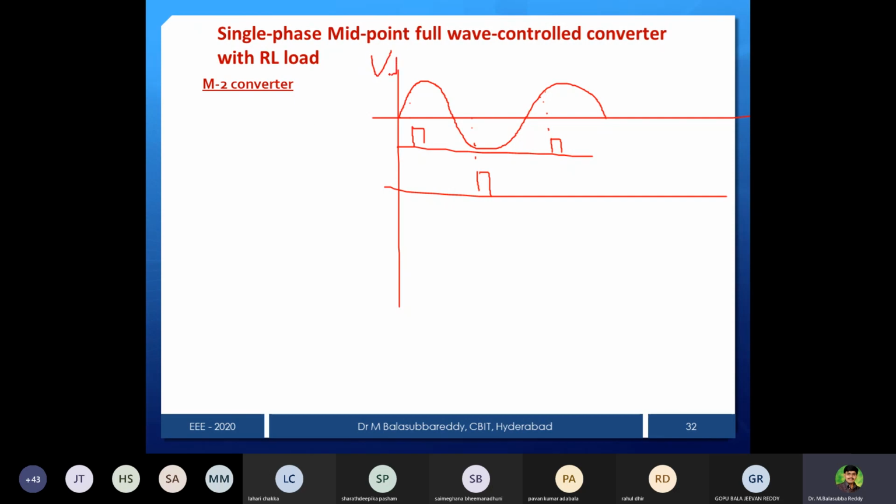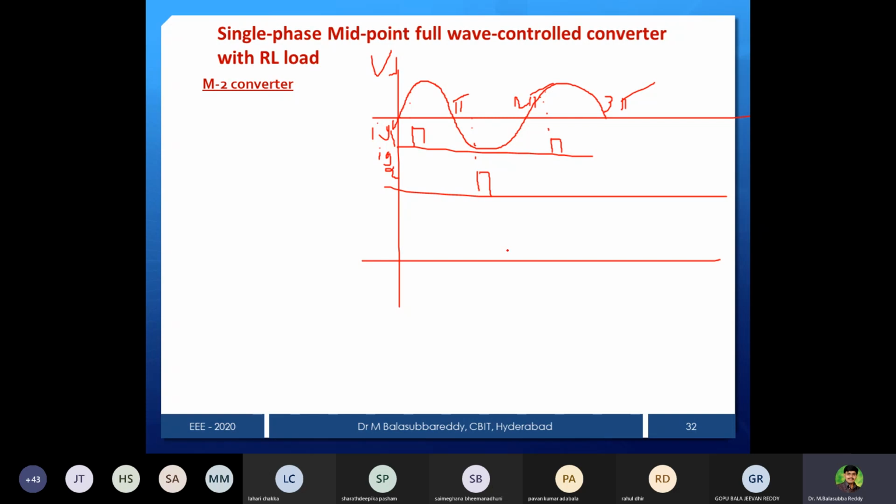This is the supply, then Ig1 is the gate pulse for thyristor 1, and Ig2 the gate pulse for thyristor 2, at 0, pi, 2 pi, 3 pi. So this way you can make it as an output.